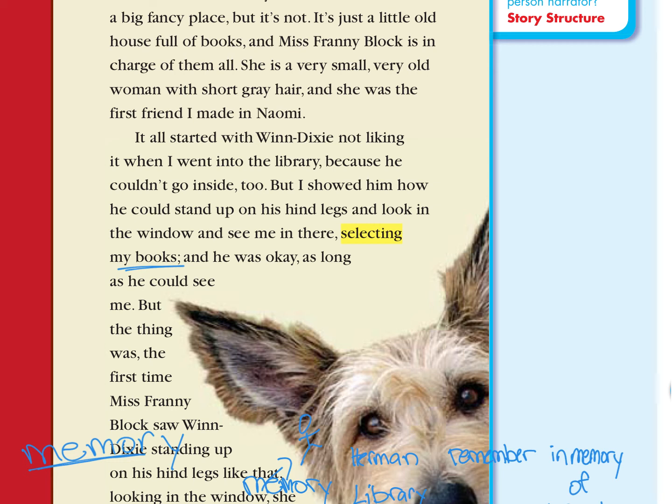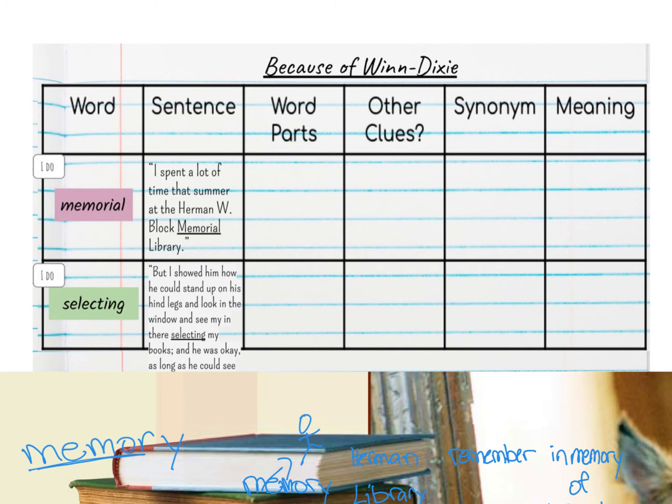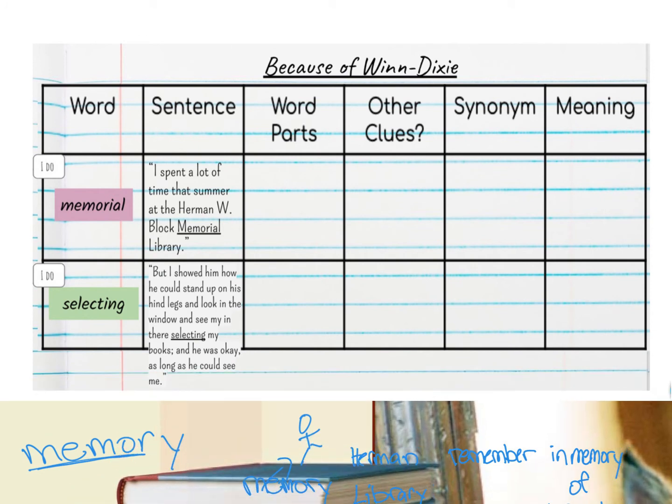So now let's look inside the word selecting. There is a root word and it is the word select. Ooh. Select. Another word I know is the word choose or pick out. So now I'm going to go to that graphic organizer and see how it can help me organize my ideas. I'm thinking about that word part that we already discussed. Select.